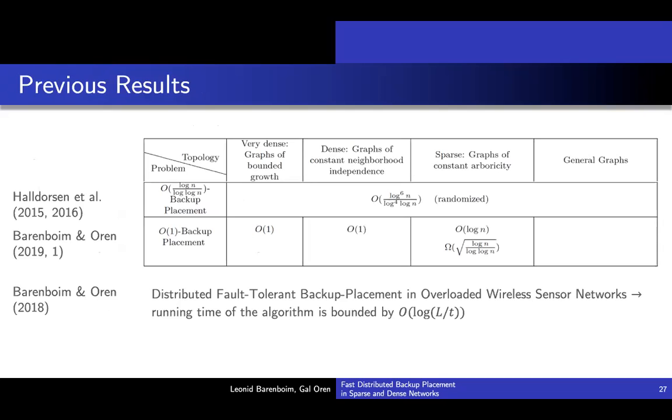Our results focused on any graph with neighborhood independence bounded by a constant C. Although not so complicated, this algorithm still consists of several stages, including a computation of a forest cover, and then handling differently the different parts of the trees, such as leaves and non-leaves. Therefore, we want to significantly simplify the backup placement algorithm for graphs with neighborhood independence bounded by a constant C.